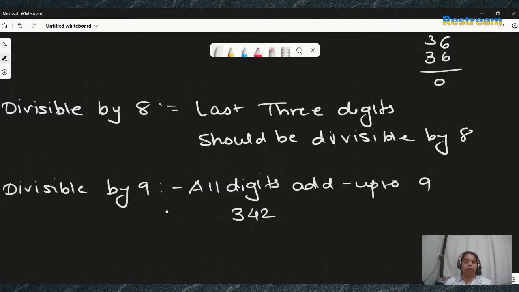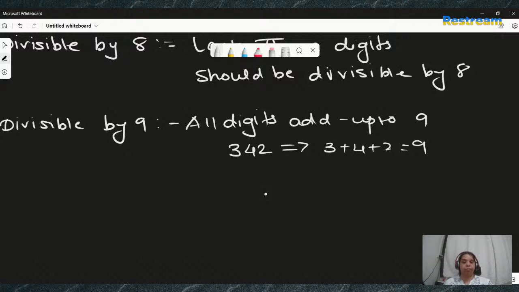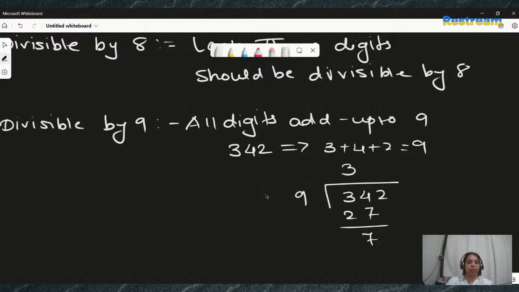What will I do? I will see if 3 plus 4 plus 2, yes, it is 9. Then it is definitely divisible by 9. So let's try. 9 times 3, 27. 34 minus 27 is 7, and then 2 comes down, 9 times 8 is 72, so 0. So this number is definitely divisible by 9.